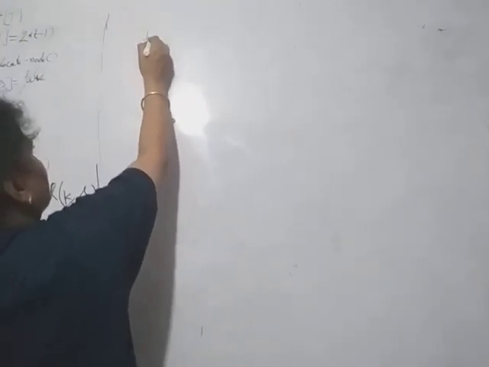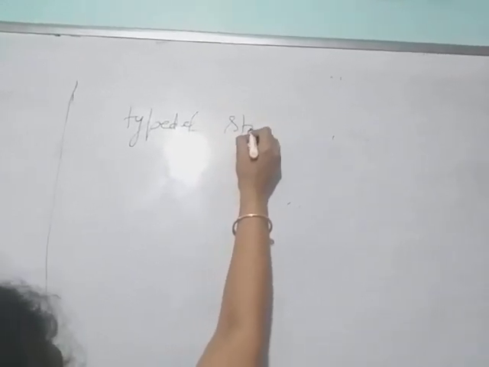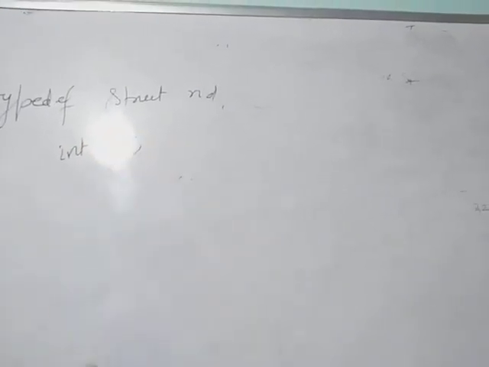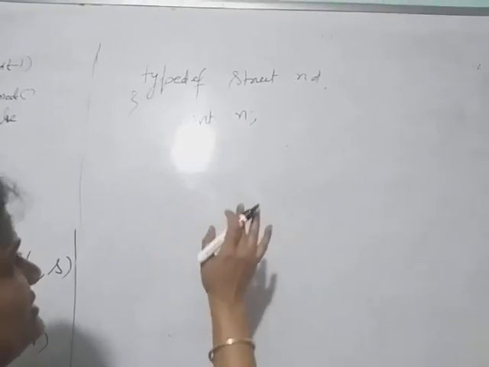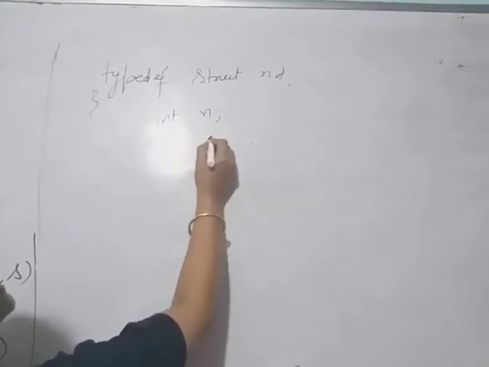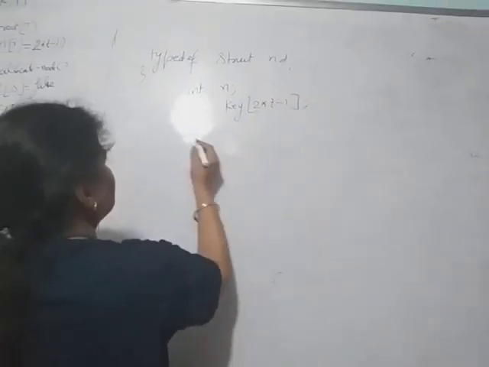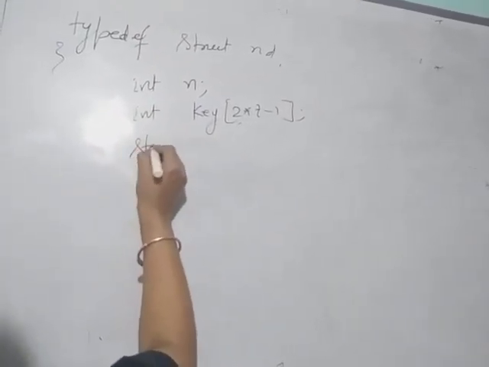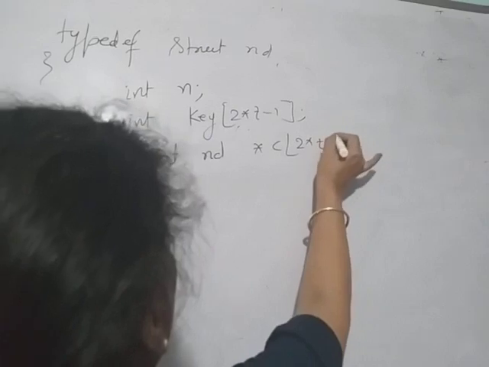First I am giving the node structure, as I gave earlier: typedef struct nd, int n, the number of keys currently stored in any node, and an int array of keys, key[2t-1], and the children pointers, struct nd *c[2t].